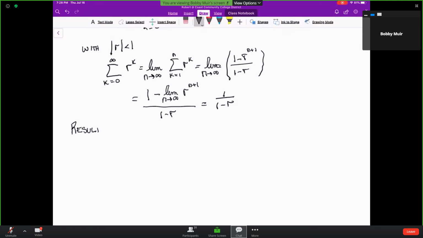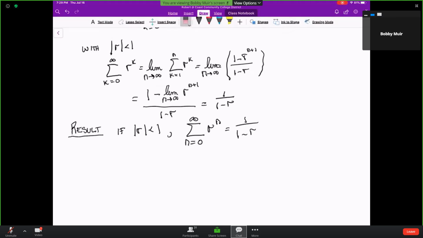Now I'll probably have to establish this again next week or something, but if r in magnitude is less than 1, the infinitely long sum from 0 to infinity of r to the n ends up being 1 over 1 minus r. And we have found our first infinite series adding up.